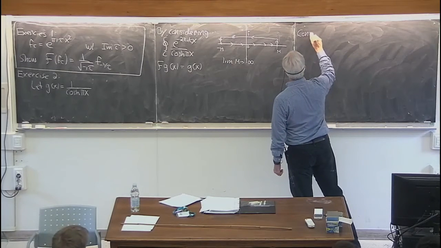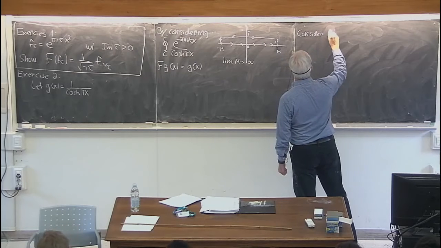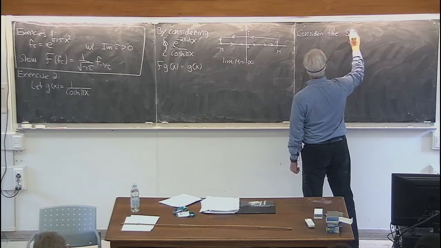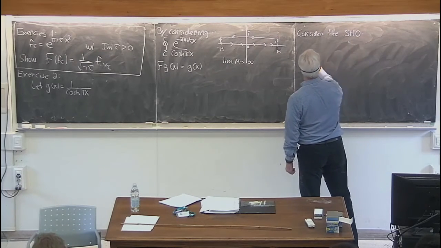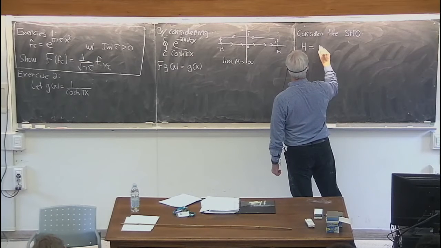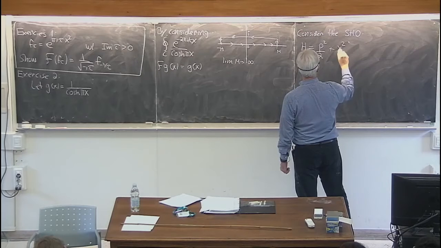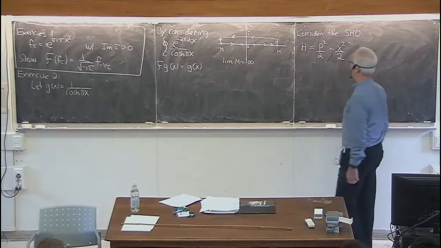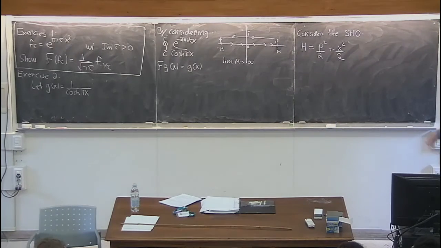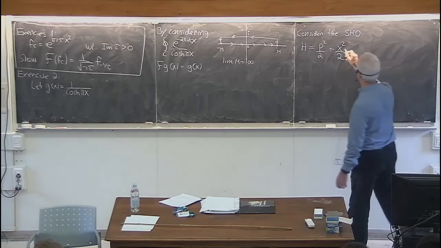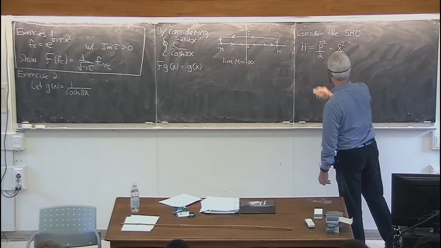So let's consider the simple harmonic oscillator. After some rescaling, or choosing your constants to be 1, so forgetting about 2m's and omegas and all that, the harmonic oscillator Hamiltonian is p squared plus x squared, where these are now operators.